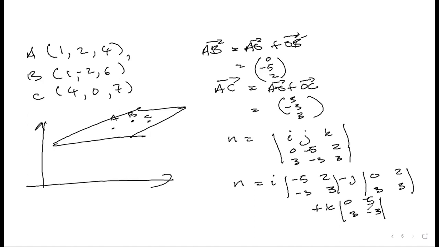And what did you get N to be? For N, I got negative 9I plus 6J plus 15K. Plus 15K? Oh, yeah.